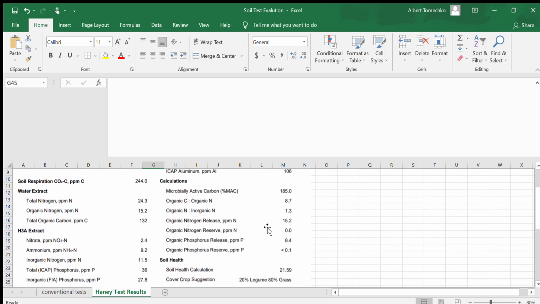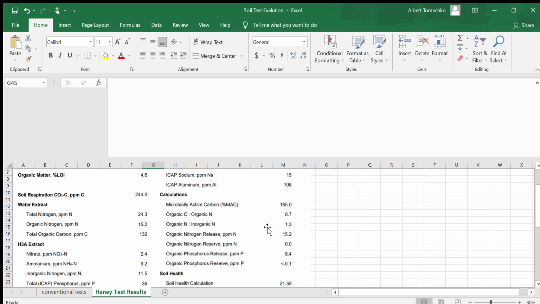Calculations here, so they have a couple different unique mentions. So microbial active carbon percentage. I had to ask about this because I wasn't 100% sure. They do have a chart, and they show that basically anything over, I think it's like 30 or 50 or something, is good.